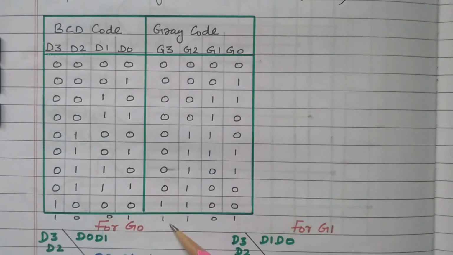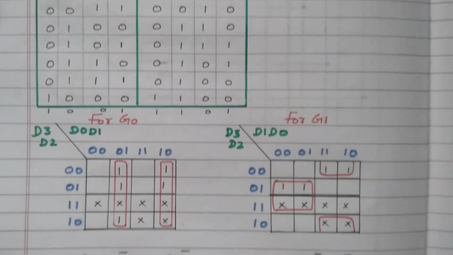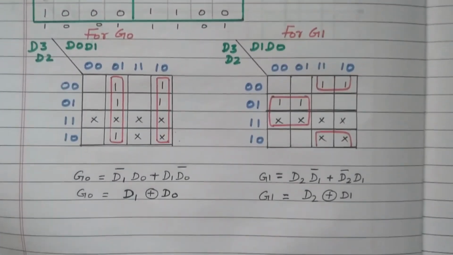Based on these values we plot the Karnaugh map for these 4 outputs, then find the minimized Boolean expression. Now we'll go to the Karnaugh map for a simplified Boolean function.